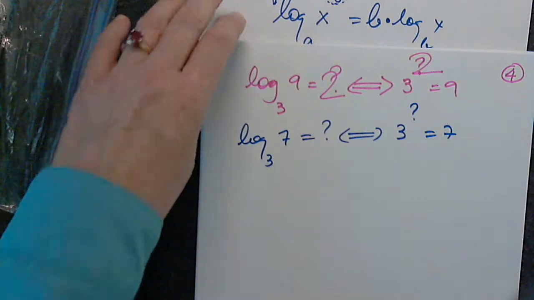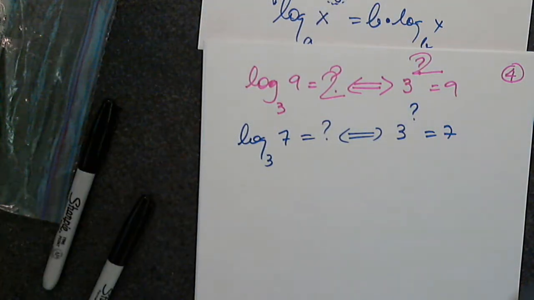Some calculators, the new ones, have a feature called log base blah, blah, blah. So they allow you to put in the base you want. In this case, we will have log base 3 of 7. But these are more sophisticated ones, and you may not have a new one.